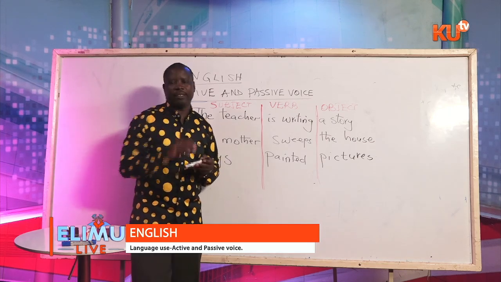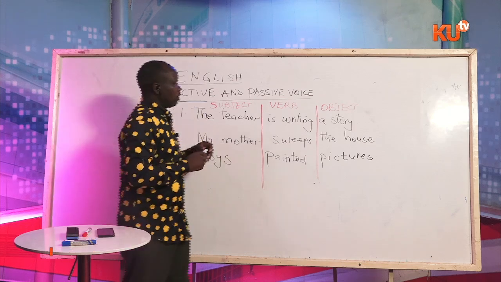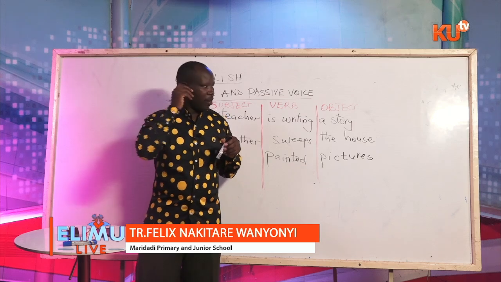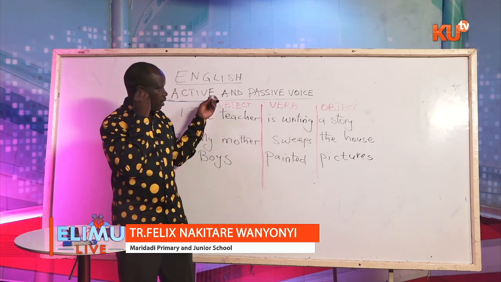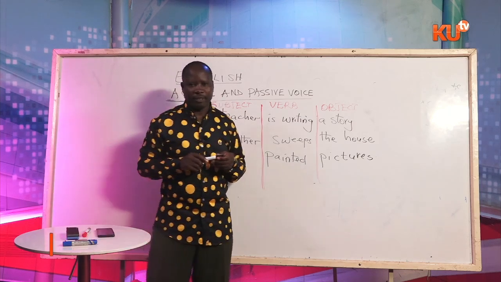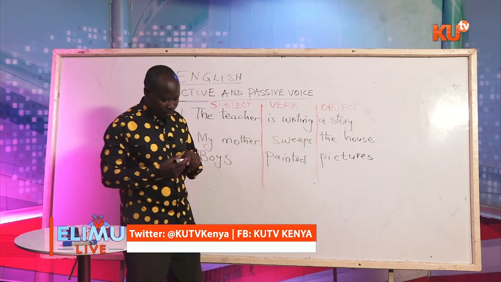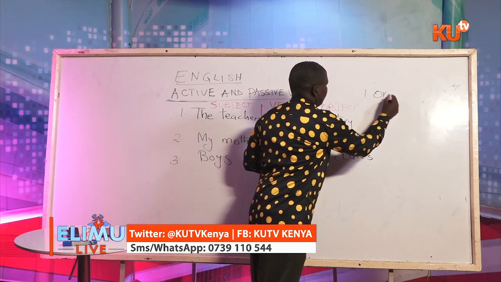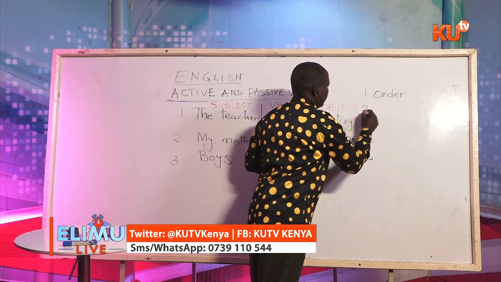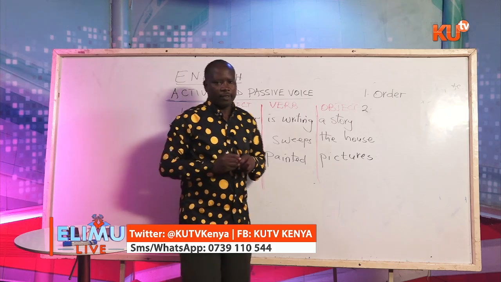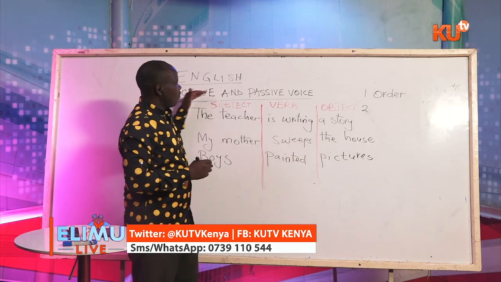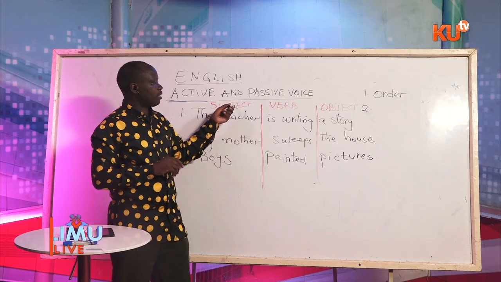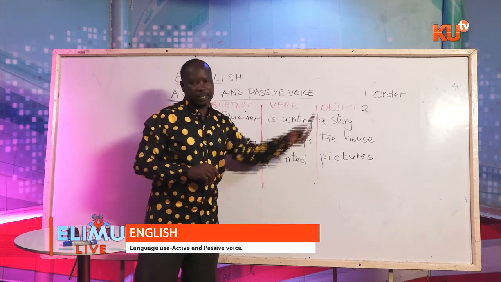There are three important things that we need to consider so that we are able to change from active to passive voice. Which are these three things? Number one, and most important, is the order. While changing from active to passive voice, we must consider the order of subject, verb, and object.